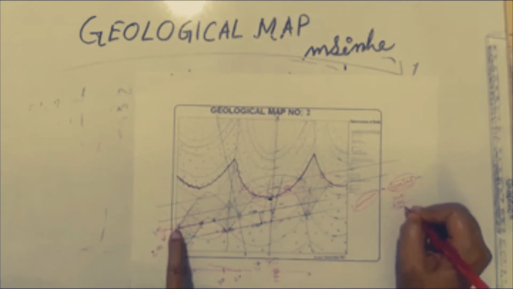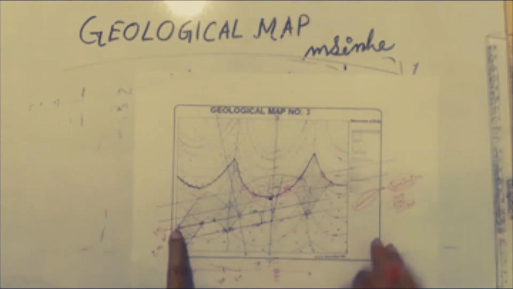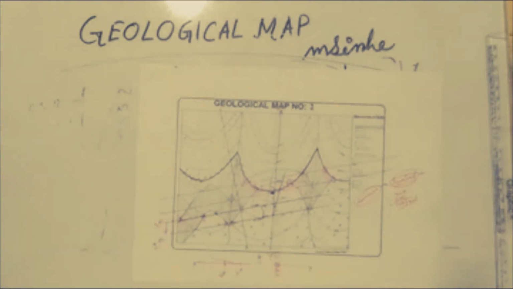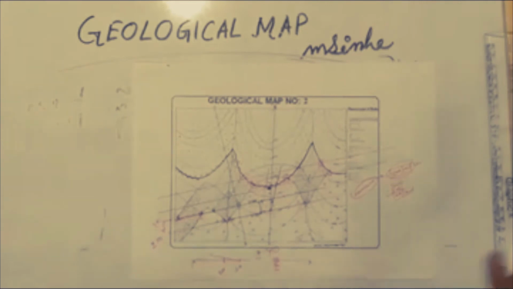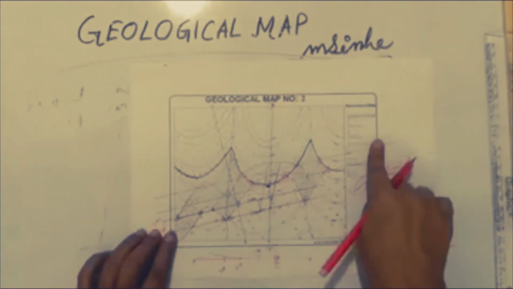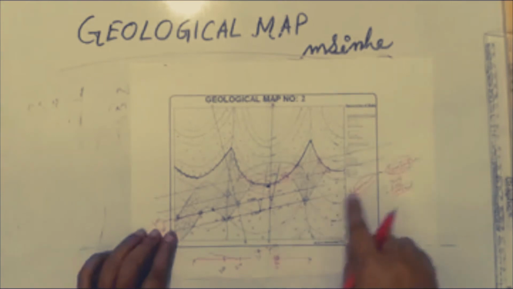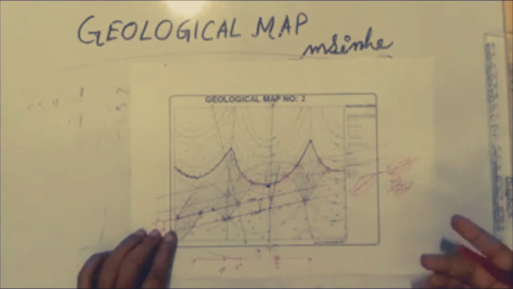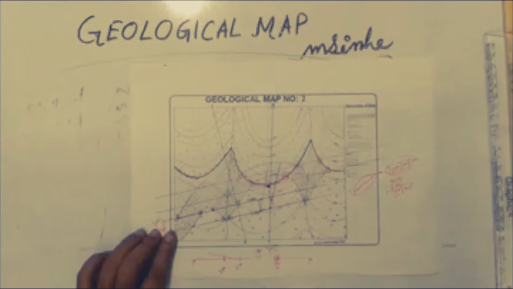You can get the thickness of the bed from the geological map too. Draw a lot of straight lines in a geological map and put the value on them where they cut the contours.